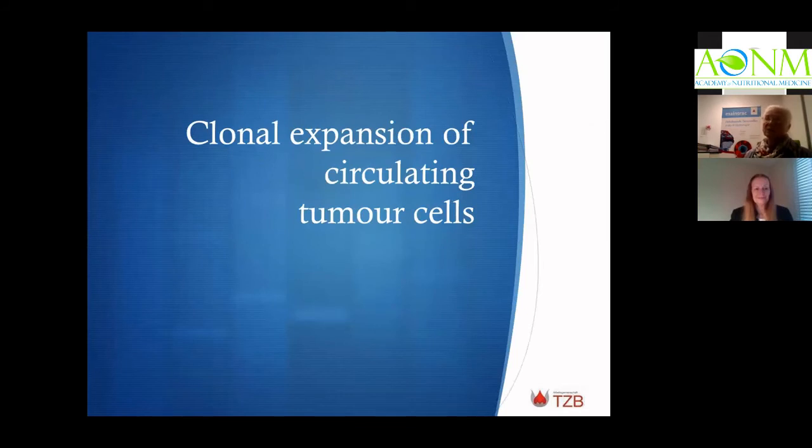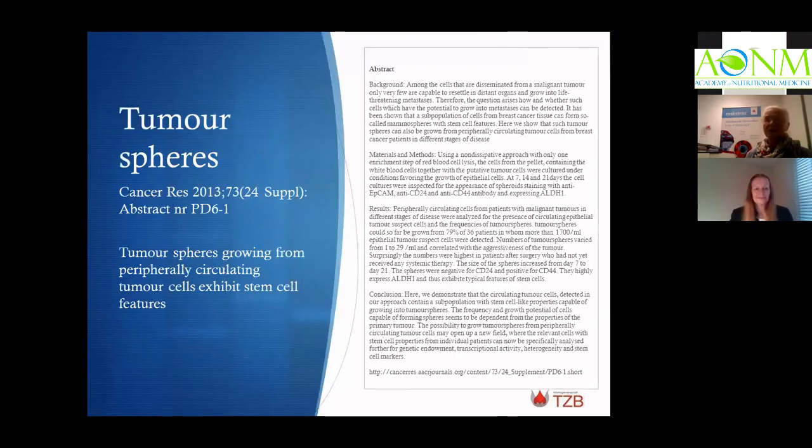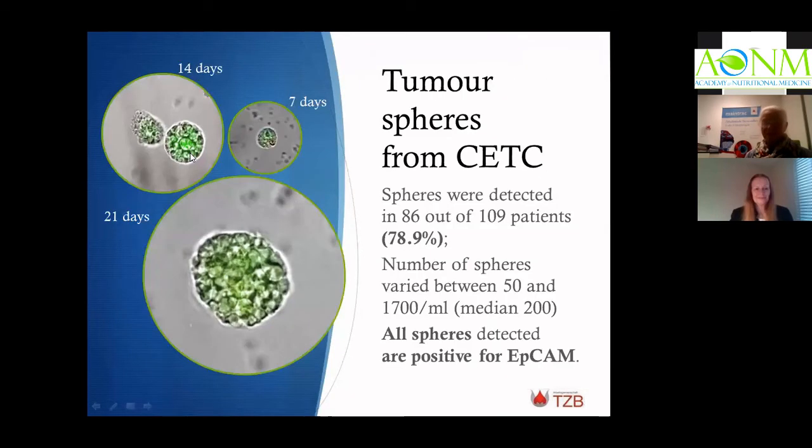What we also can do, and what is a sign of more aggressive growth, is clonal expanding circulating tumor cells. Not all tumor cells can do that, and we call them tumor spheres. And what do they look like?